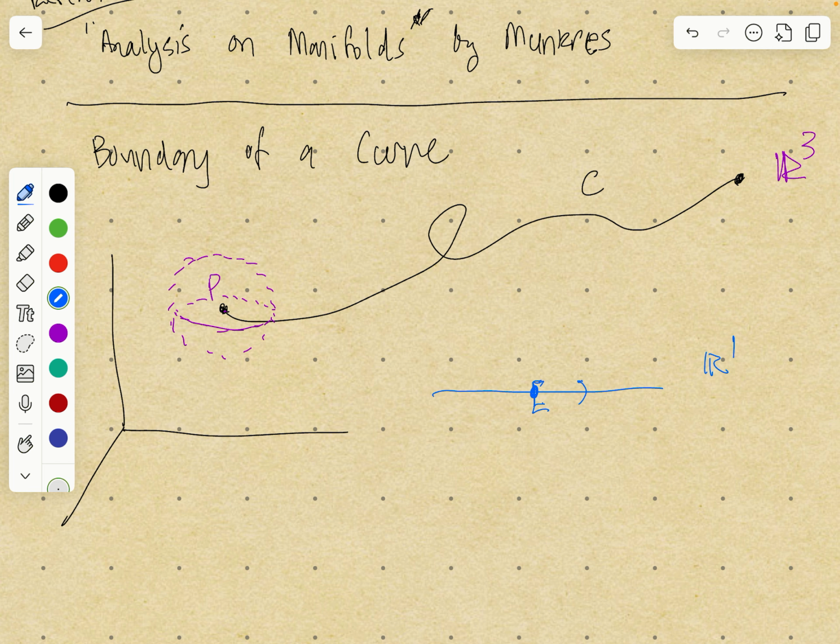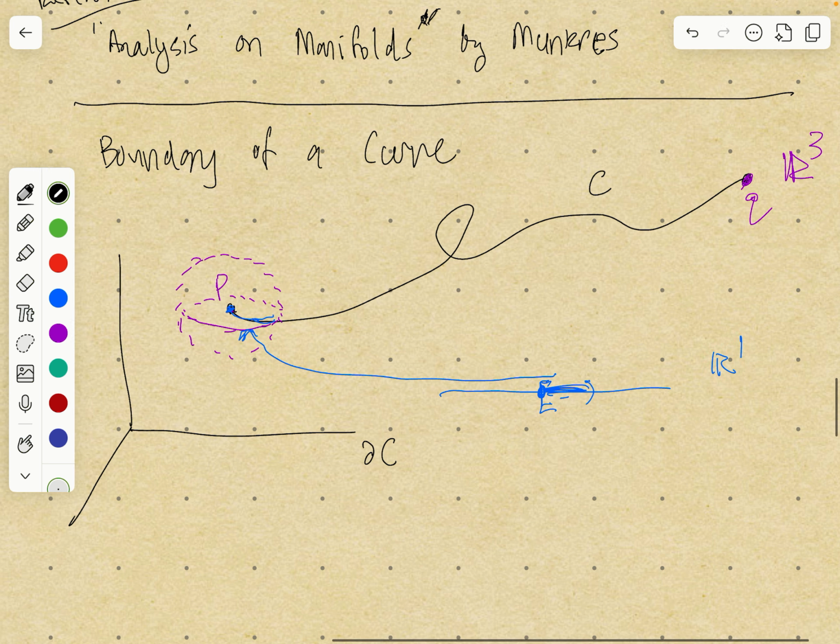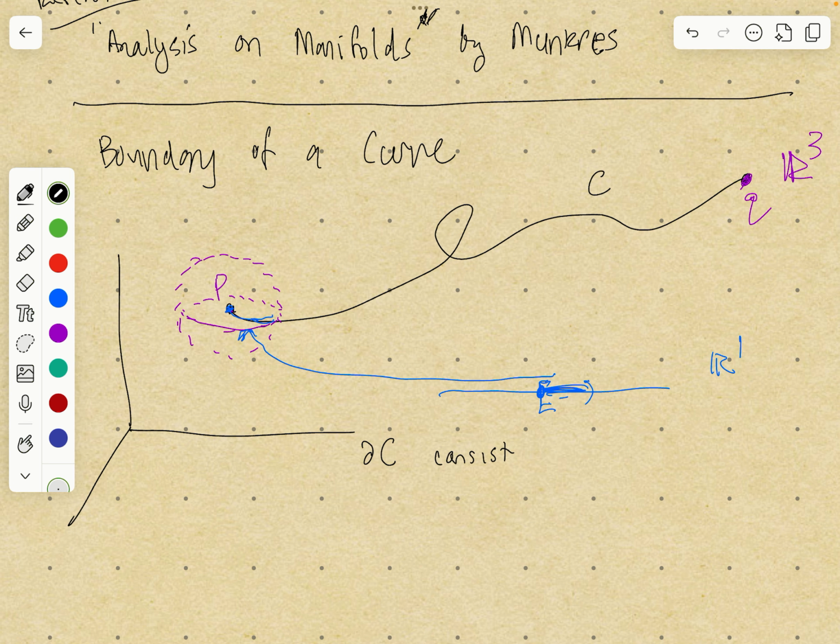So it's not an open interval, it's like a half open interval, right? This half open interval will go to this part. And that's what makes this point P a boundary point. So the endpoints are boundary points. This other endpoint Q is also a boundary point. So the boundary of C consists of the two endpoints.